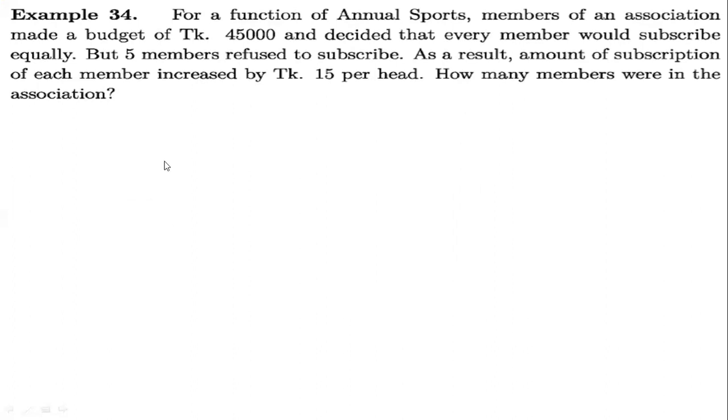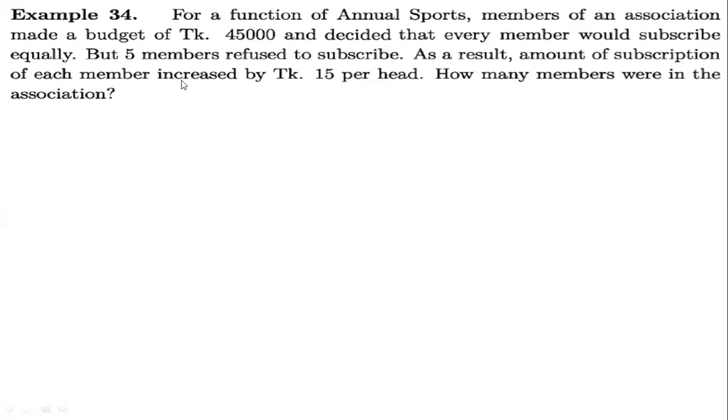For a function of annual sports, members of an association made a budget of taka 45,000 and decided that every member would subscribe equally, but 5 members refused to subscribe. As a result, the subscription amount of each member increased by taka 15 per head. How many members were in the association?